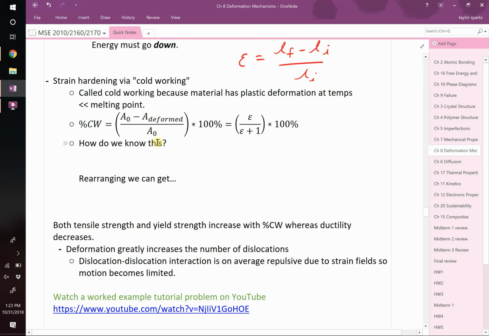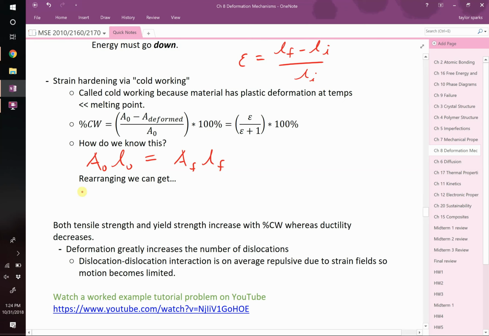The reason for this has to do with this notion. We know that the initial cross-sectional area times the initial length, if volume is conserved, then that should be equal to the final cross-sectional area times the final length, right? Volume's conserved. It can change its dimensions, but the overall volume should be roughly equal. So we can actually rearrange this with a little bit of math.